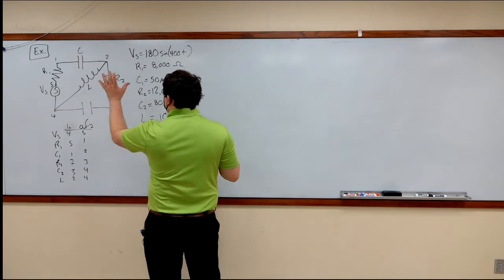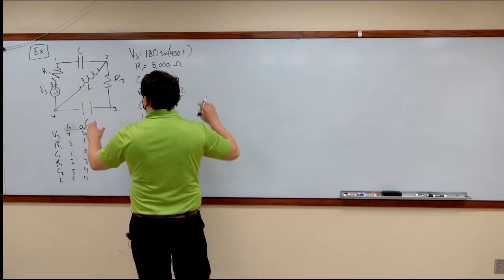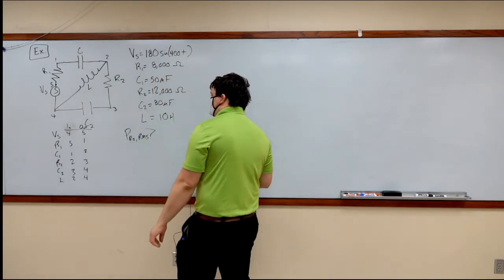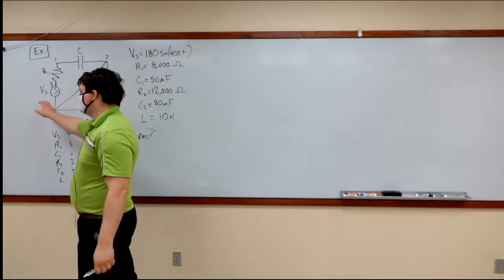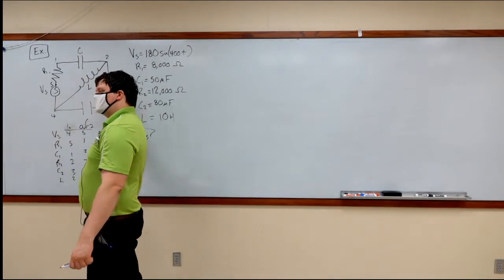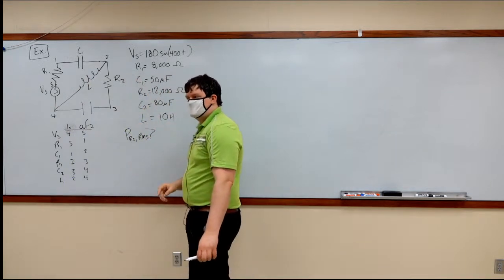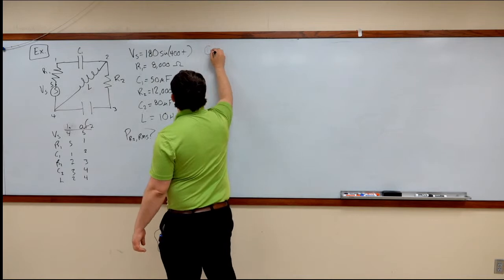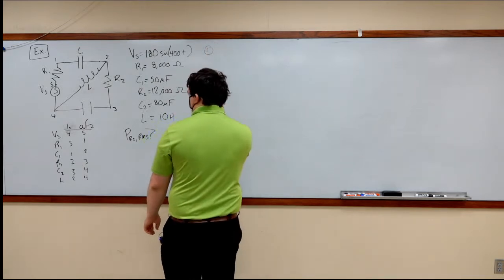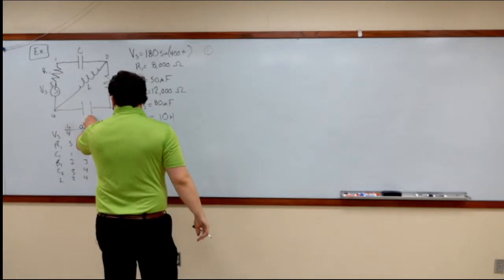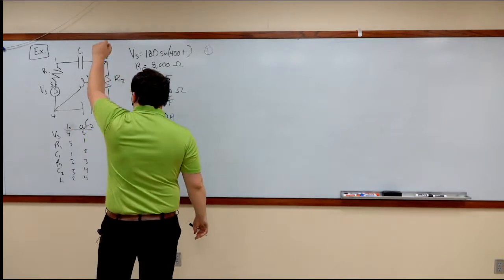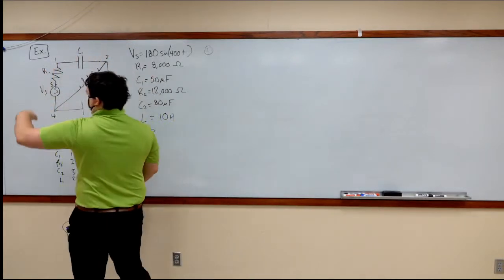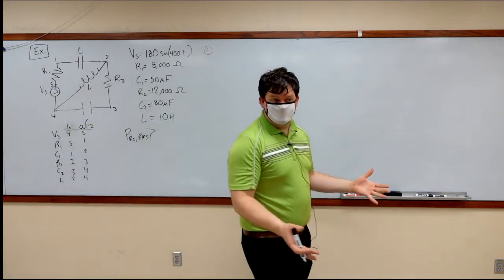Okay, so I'm going to take this and get an equivalent impedance. I'm going to figure out what the current is going out of the source, and then we'll work backwards through the system. So I'll identify the different circuits we're about to build. Circuit 1, we're going to combine this one and this one, this one and this one, because those are the ones that are in series.